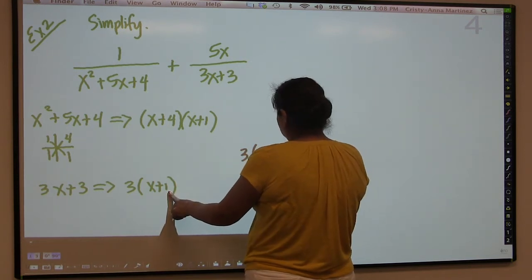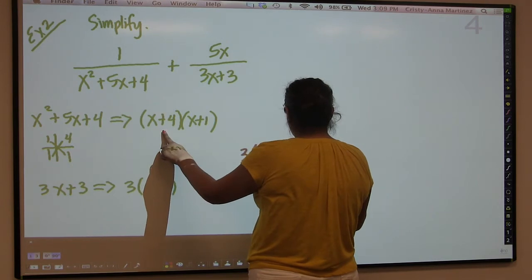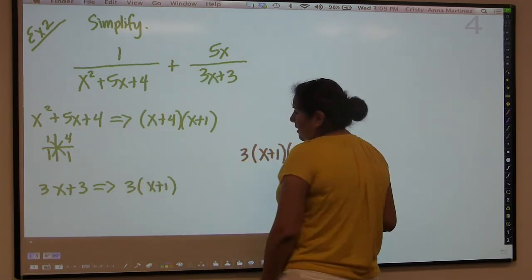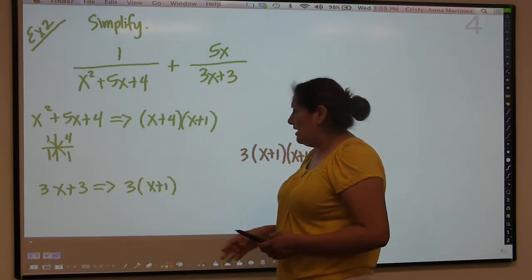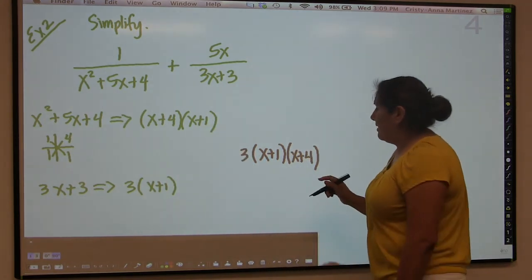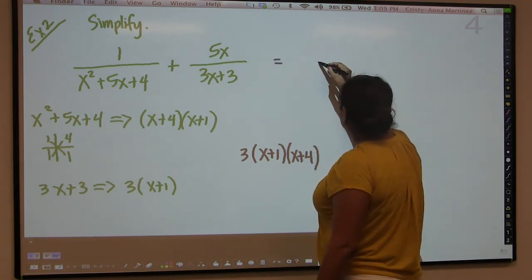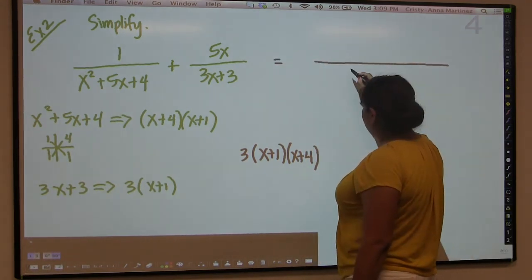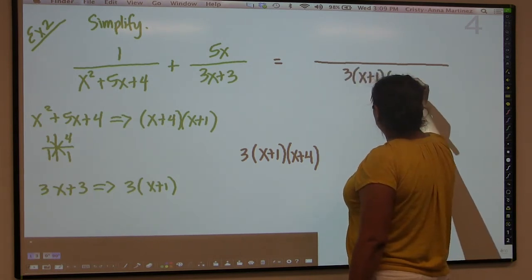They both have an x plus 1 and the x plus 4. None of these factors have any squares or cubes or anything. So that's pretty much my common denominator, my least common multiple. So I know now that the common denominator is 3, x plus 1, and x plus 4.